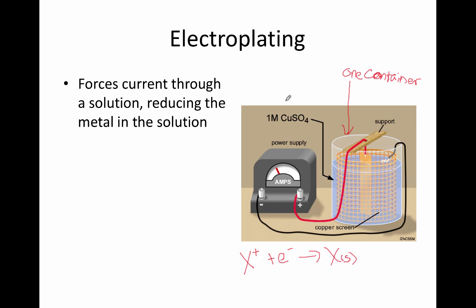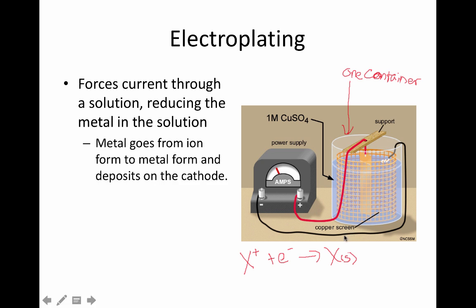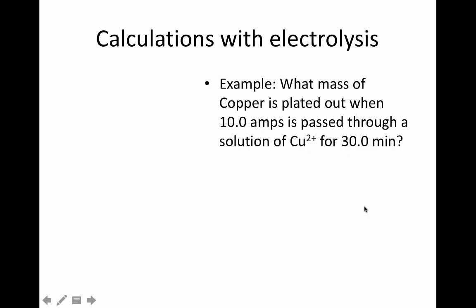Because this reduction happens at the cathode, the solid metal will then plate onto the cathode. So it goes from the ion form to the metal form and deposits on the cathode, because again, that's the site of reduction.